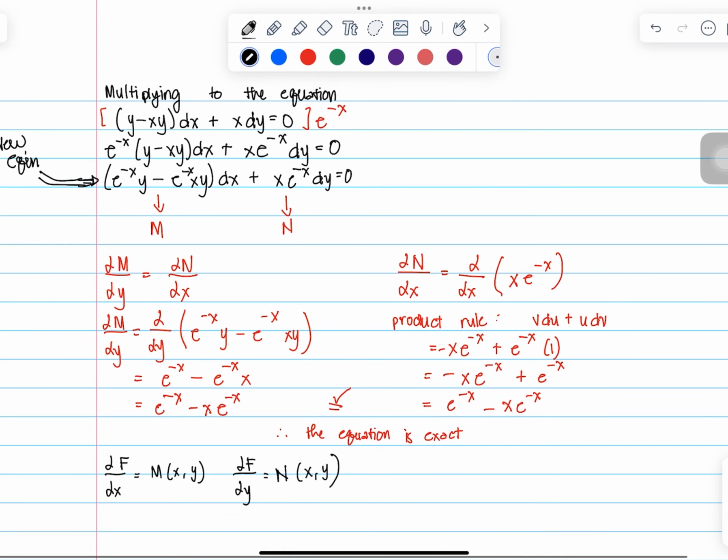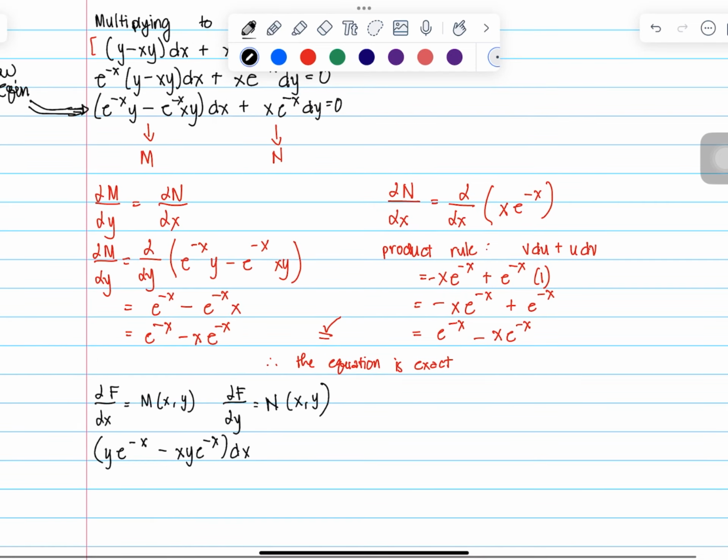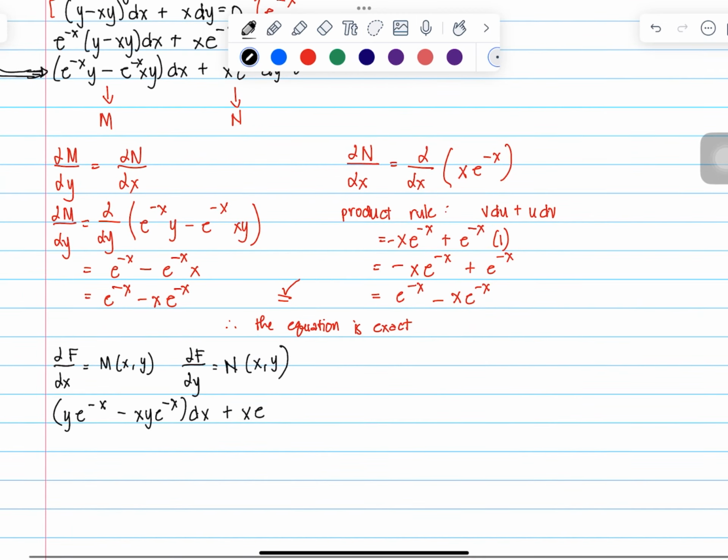All right, so let's rewrite our equation. We have e to the negative x y minus x y e to the negative x dx plus x e to the negative x dy is equal to 0.